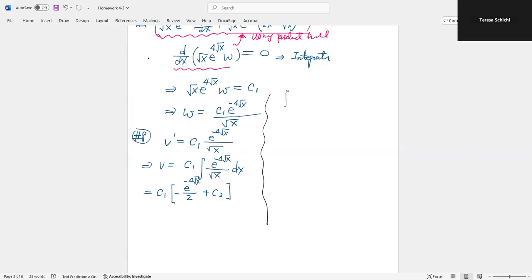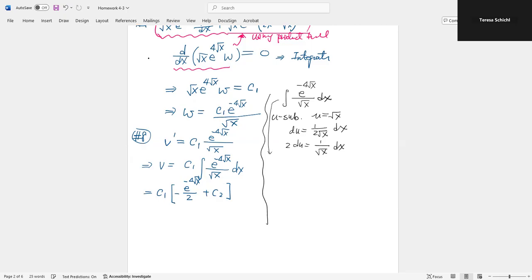This one is really pretty easy. So this is e to the negative 4 square root of x, square root of x dx. I use u-substitution, right? So I will set u equal to the square root of x. So du is equal to 1/2 square root of x dx. So 2 du is equal to 1 over square root of x dx.